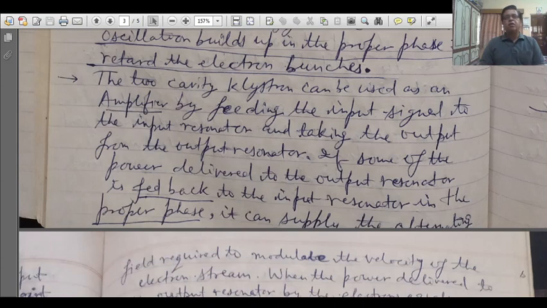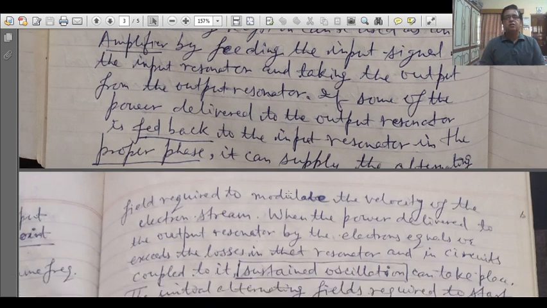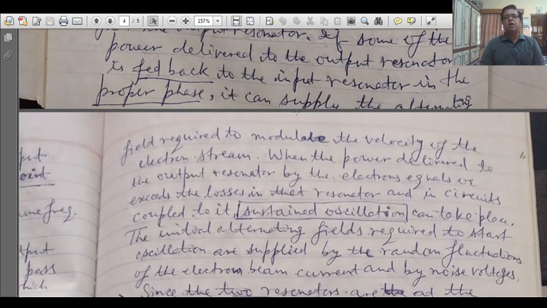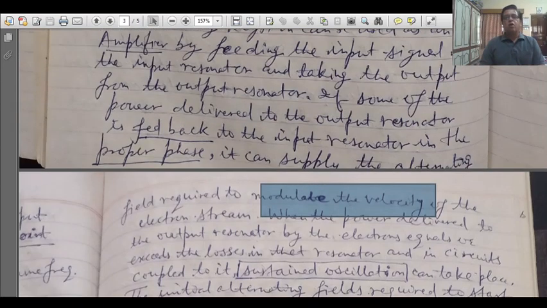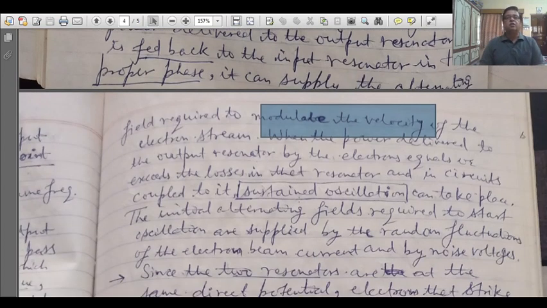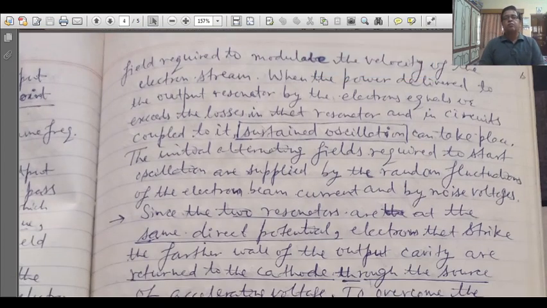If some of the power delivered to the output resonator is fed back to the input resonator in the proper phase, it can supply the alternating field required for velocity modulation of the electron beam.